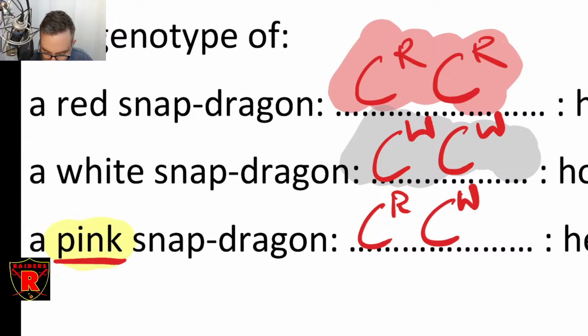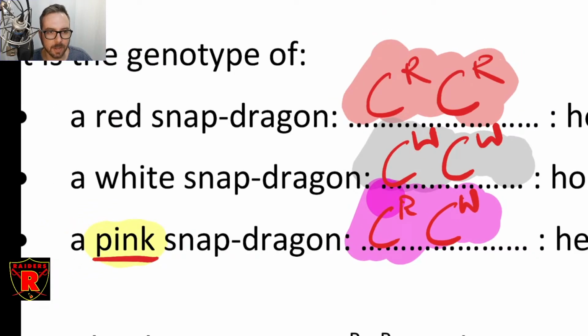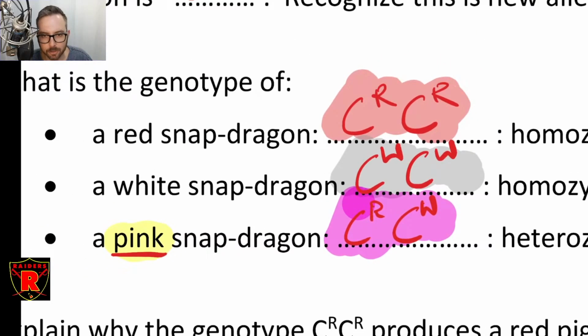When you have red and white together, that's going to give you a pink phenotype. So remember that you identify an incompletely dominant trait because it has 3 phenotypes, and the third phenotype, the hybrid, is a blend. You're looking for whether this third thing is a blend of the other two. If it's a single trait that's a blend of the other two, that's incomplete dominance.